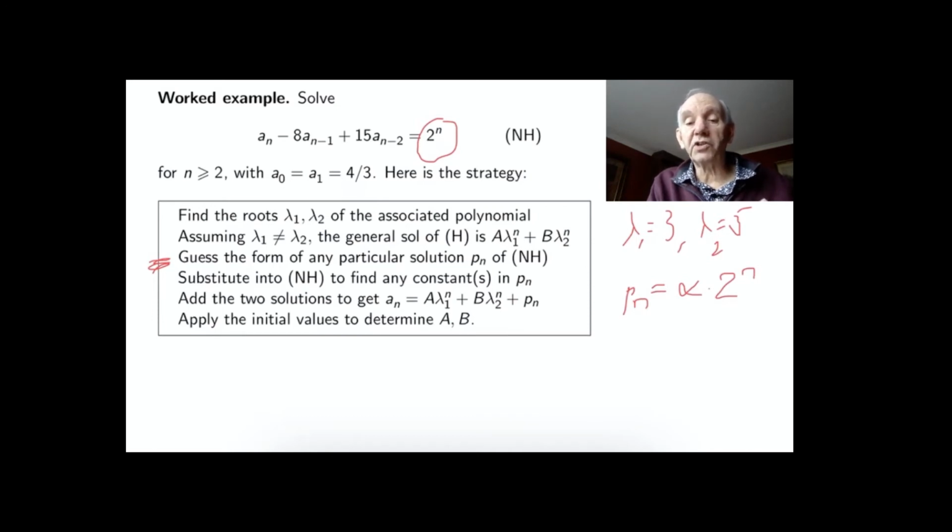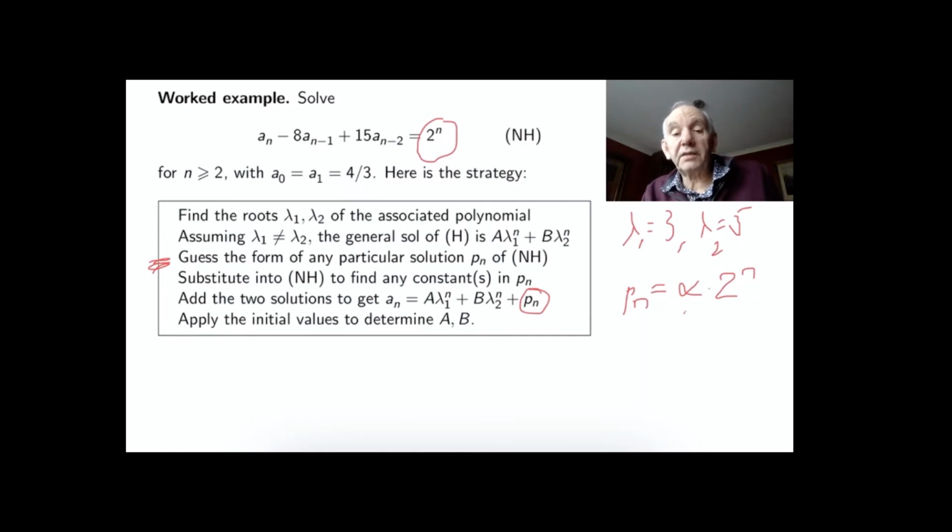Once we've got the constant alpha, we know what the particular solution is, and so we can just add it to the general solution of our homogeneous equation and then find the arbitrary constants a and b to satisfy the initial conditions, so they'll no longer be arbitrary. So these constants are handled in a slightly different way. The important thing is to find the constant immediately for our particular solution.